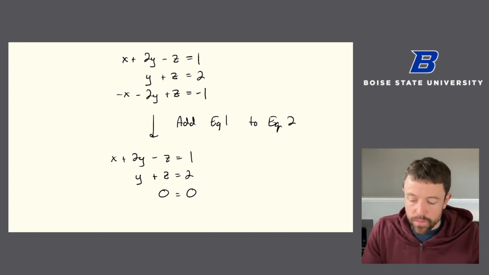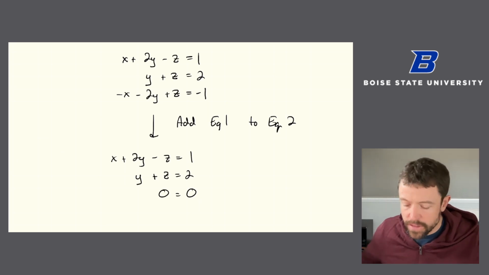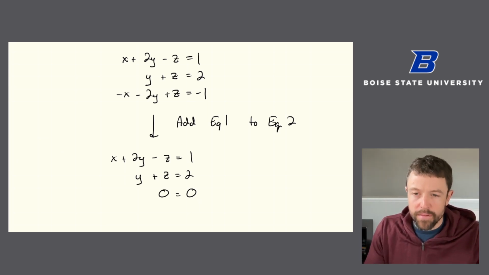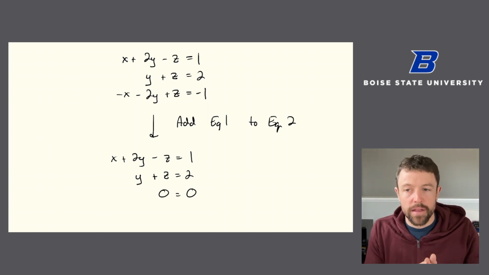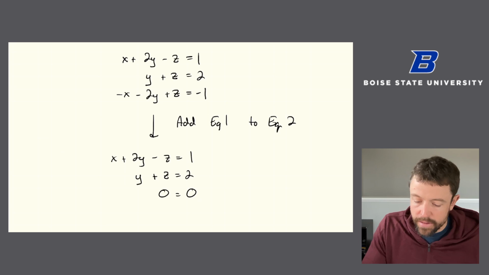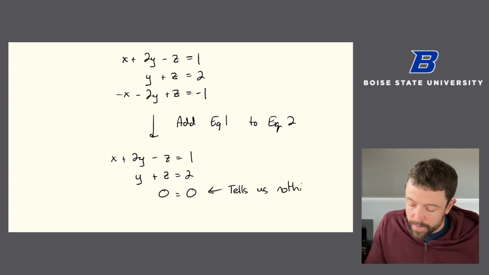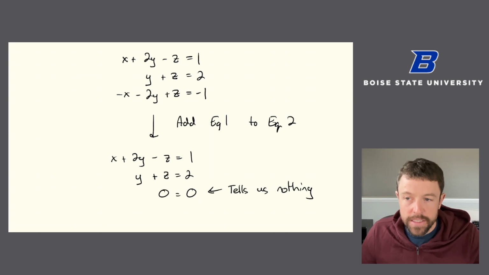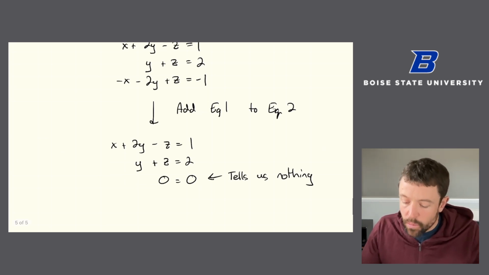In the future, we'll be doing these sorts of things where it actually makes sense to leave the 0 equals 0. But for our current purposes, for working with systems of linear equations, this equation tells us nothing. In other words, all values of x, y, and z make this equation true. It's just already true. There's no variables. So what would we do next?